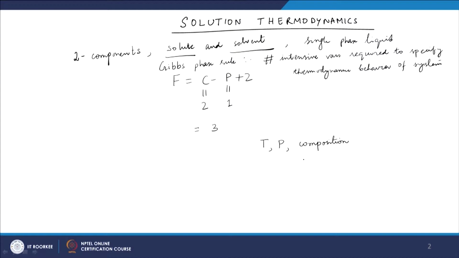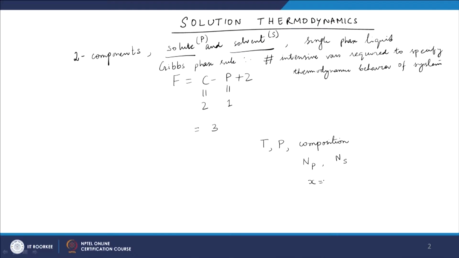I can say either in terms of number of solute and number of solvent, where I refer to solute as P and solvent as S. But if I say in terms of number of molecules, then these two are not intensive, they are of course extensive variables. If I want to use an intensive variable, we can just define a mole fraction or a volume fraction that will be intensive. So this will be extensive and this will be intensive.